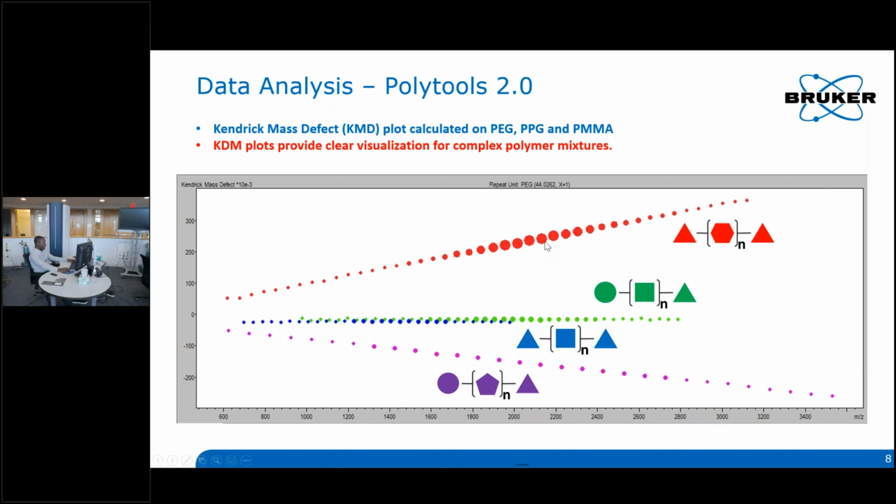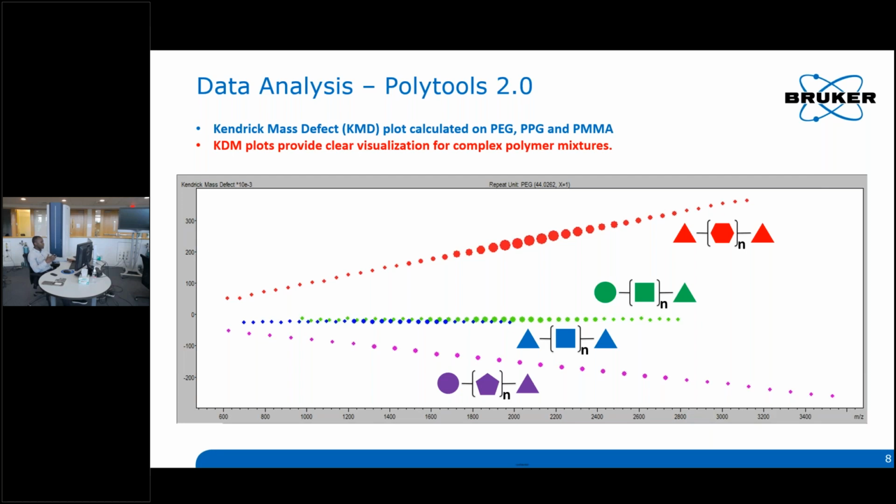And if you have a different polymer series with a different repeat unit, it'll have a different stiffness to it. In this case, PPG and PMMA, which would have different repeat unit masses. And this is very powerful because this can be done on a polymer mixture that has thousands and thousands of different series.